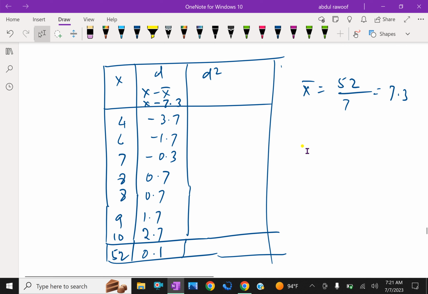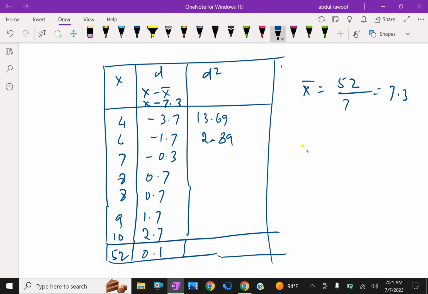Then d square. We have to find the squares. 3.7 into 3.7 is 13.69. 1.7 into 1.7 is 2.89, all positive.